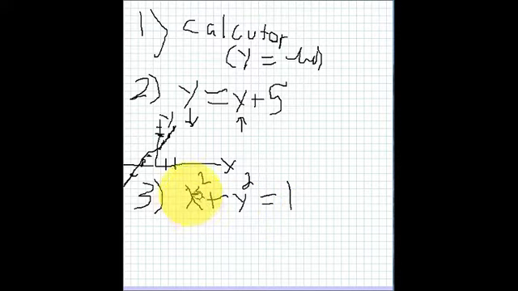A circle equation is x squared plus y squared equals the radius squared. So the radius squared equals 1. And I just know that this is the shape of a circle equation. So just by looking at this, I can tell what the radius of the circle is.